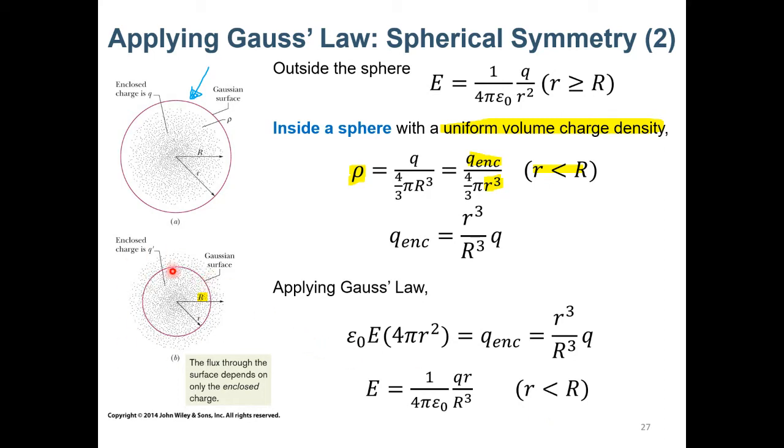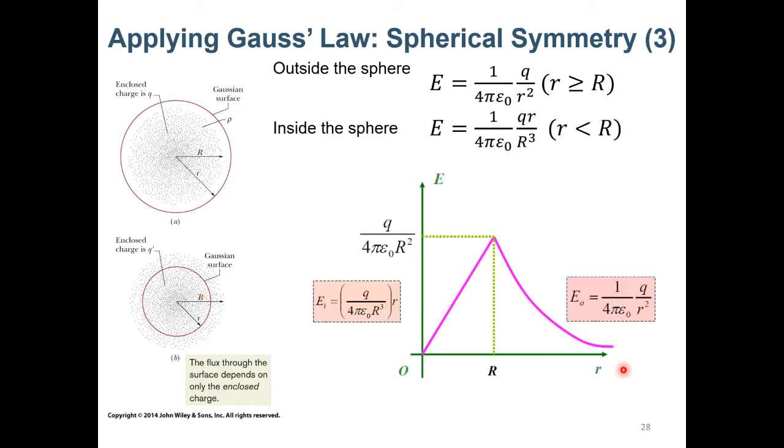However, in this case, it is a sphere, and the charge distribution is uniform, so the enclosed charge increases with the third power of the distance. So overall, the E field generated inside the sphere is proportional to the distance, proportional to r, for r smaller than capital R.